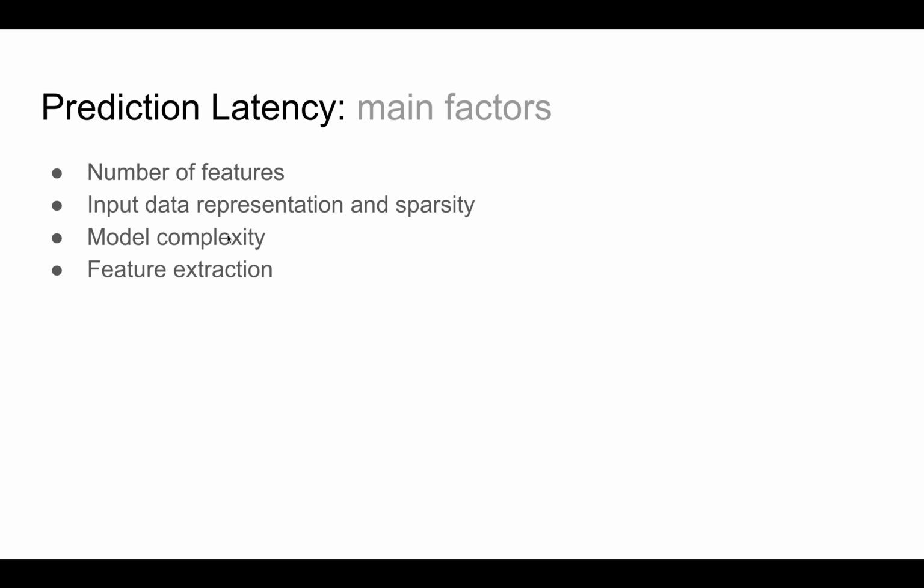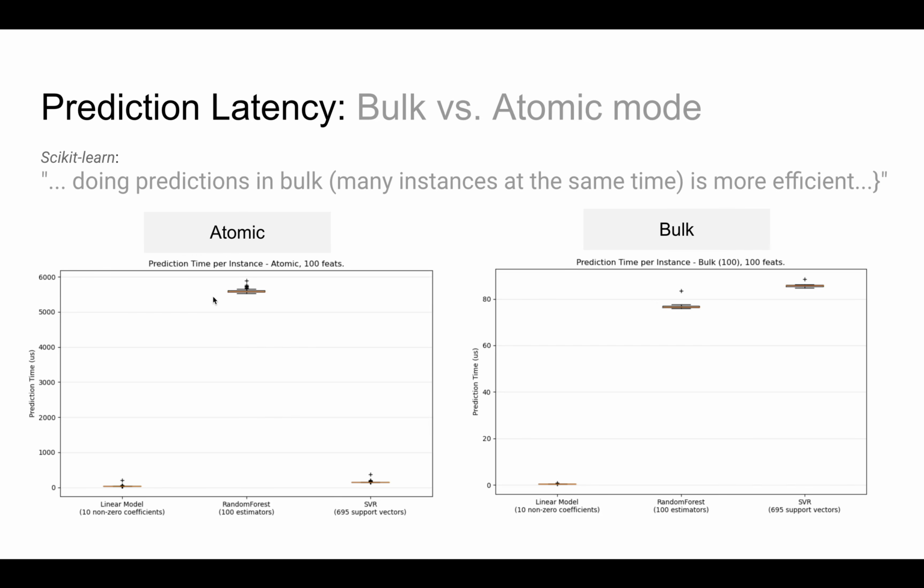One is number of features, input data representation, how it is represented, if it's a sparse matrix or dense matrix. There's model complexity and feature extraction. So for prediction purposes, according to the docs, if you do predictions in bulk, then they are more efficient and they can be faster, as shown here on the plot on the right hand side.